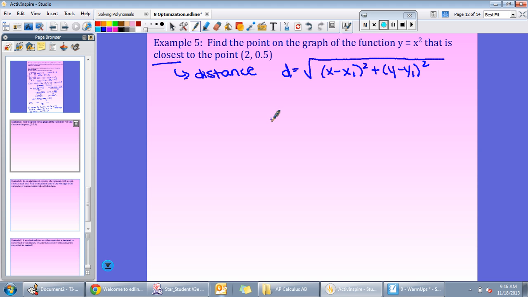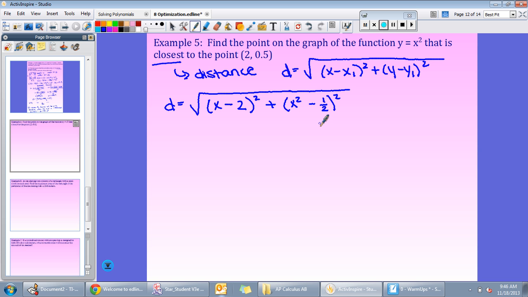And what we need to do is plug in what we know into this equation. So x is our variable, and the point is at 2. y is x squared, minus 1/2 squared. And we get that.